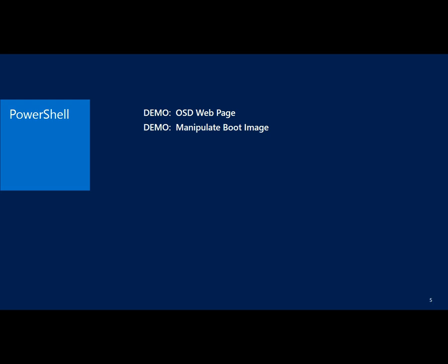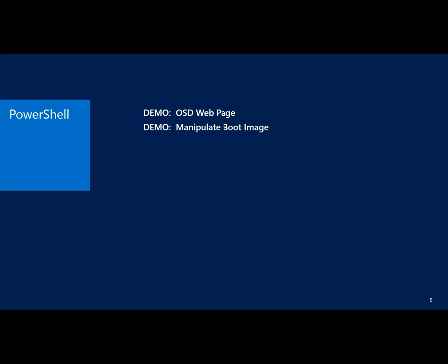But the concept here is that we would build a web page or a SharePoint form or an HTA or something like that that would give the ability for users or for field technicians or even for OSD administrators to have an interface that is not the Configuration Manager console to go and configure imaging options.